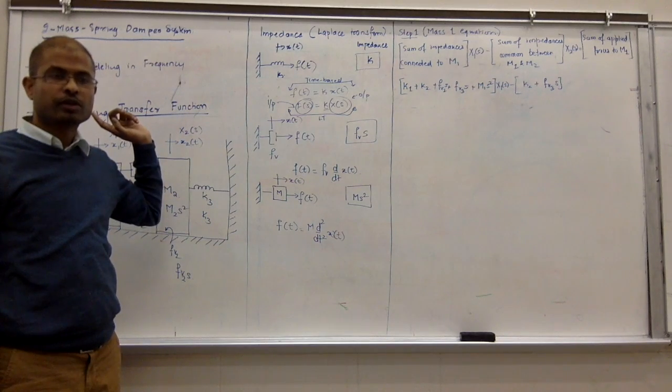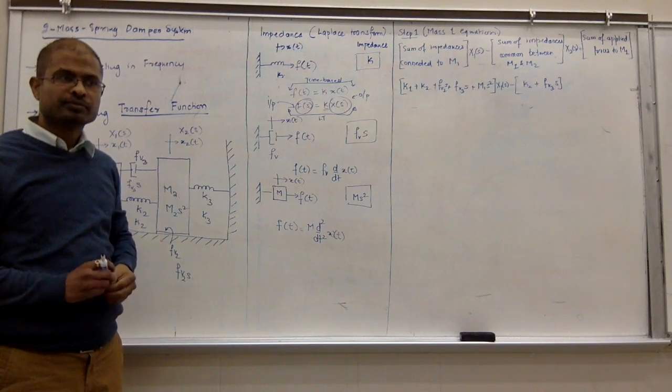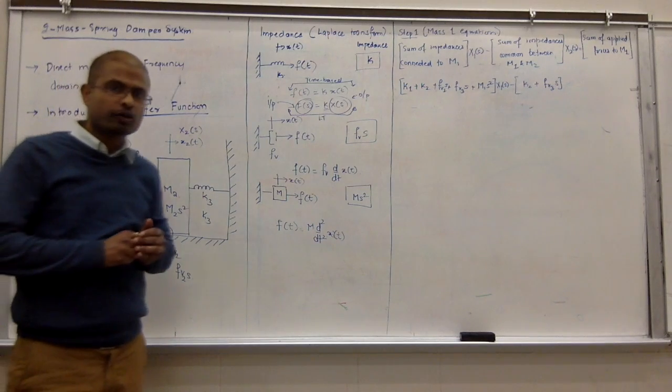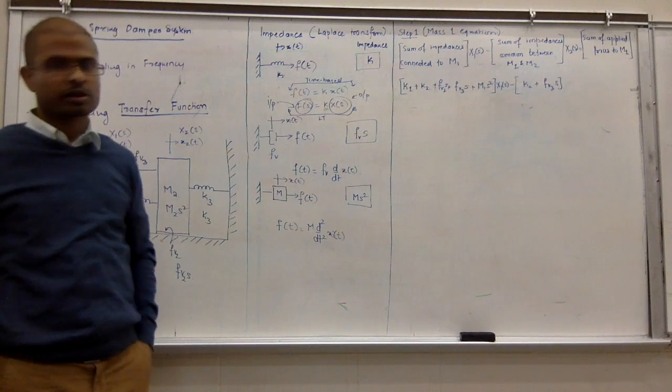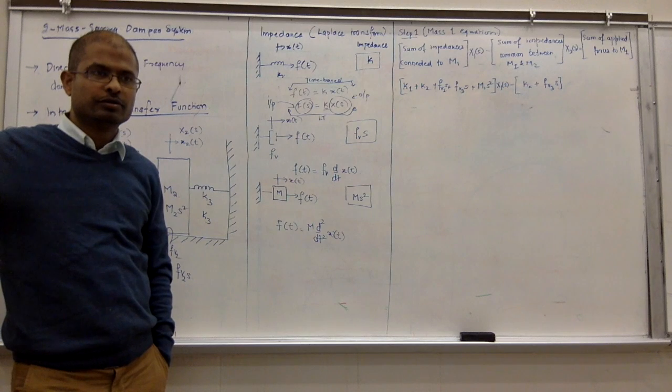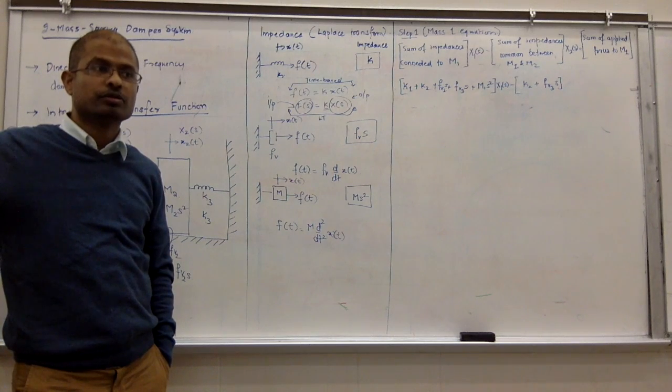Okay? What is the equation of motion again? Do you understand what the equation of motion is? Have you come across this term, equations of motion? Kinematics and kinetics, both.